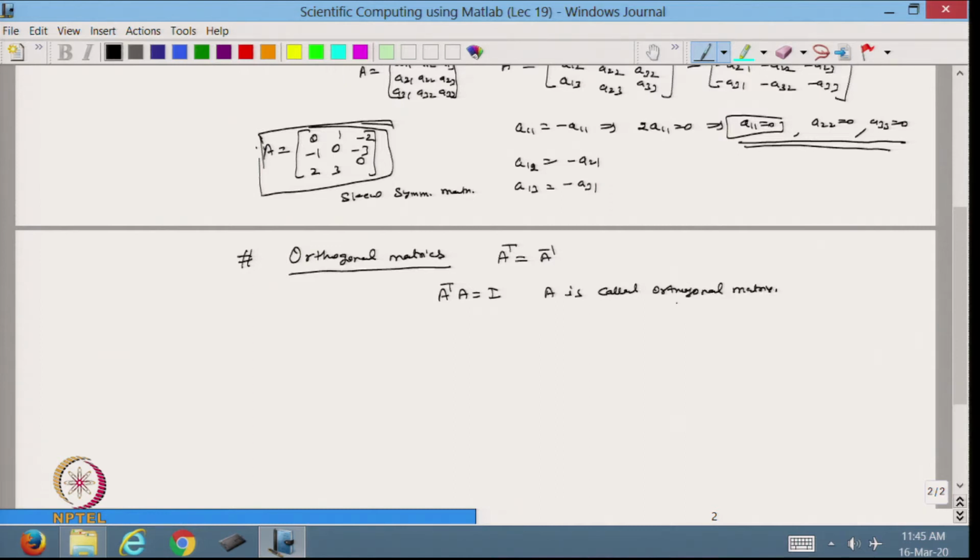Orthogonal means perpendicular to each other, so the column vectors of the matrix will be orthogonal to each other.